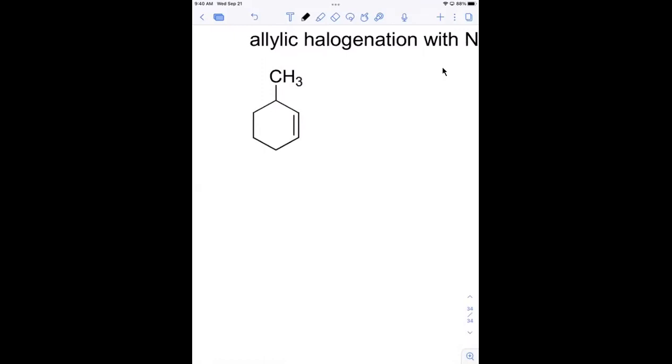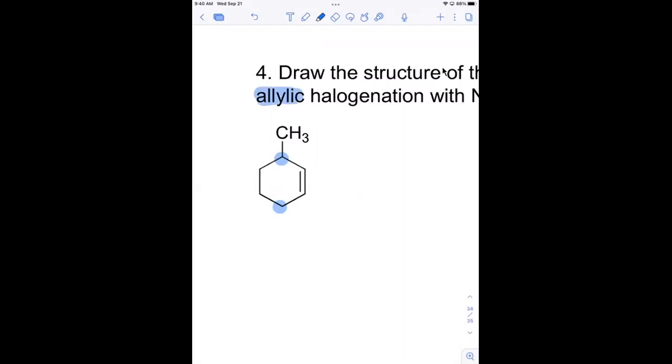The double bond and the CH3. So here, is that what you meant? Yes. And then here, right? Keep in mind, whenever you see this term allylic, all it means is adjacent to an alkene.